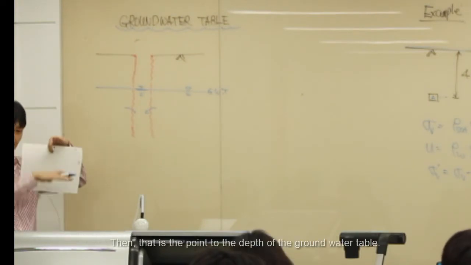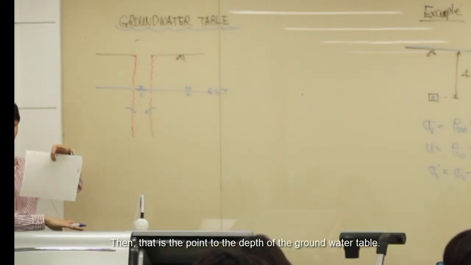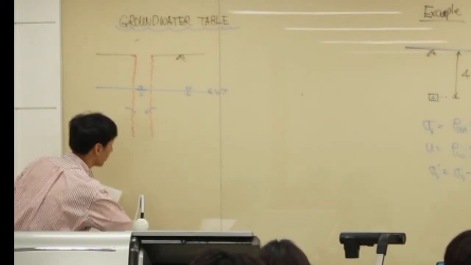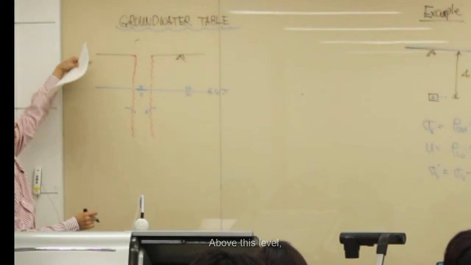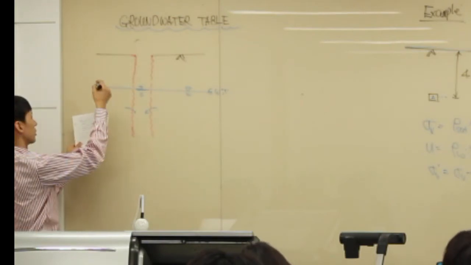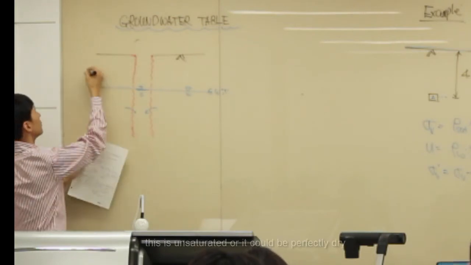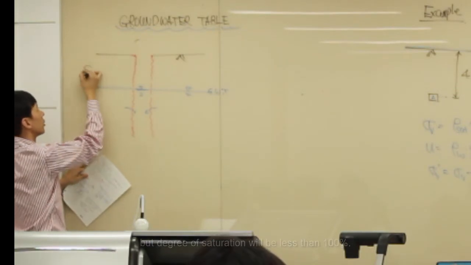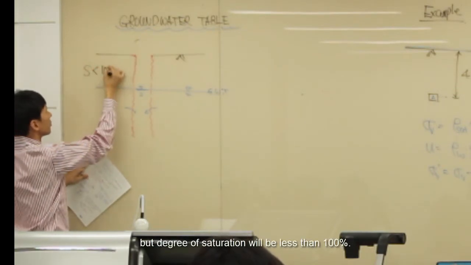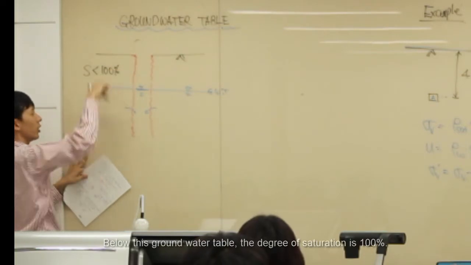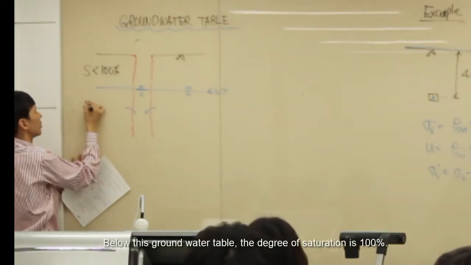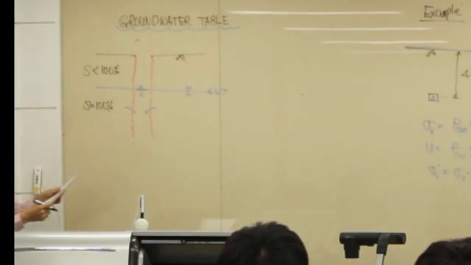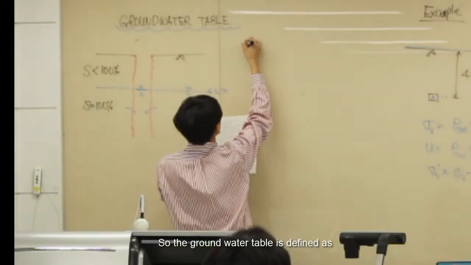Then that is the depth of the groundwater. Above this level it is unsaturated, or it could be perfectly dry, but the degree of saturation will be less than 100%. And below this groundwater table, the degree of saturation is 100%.